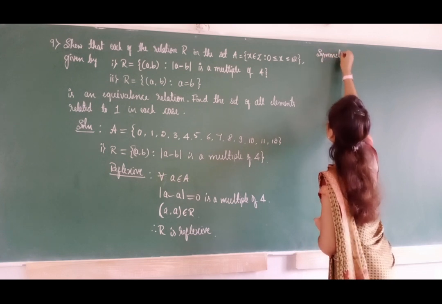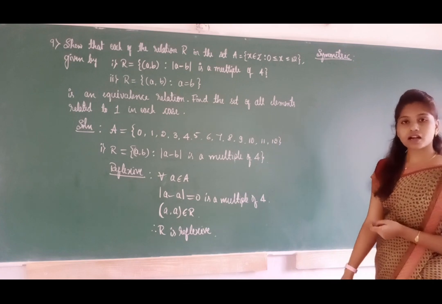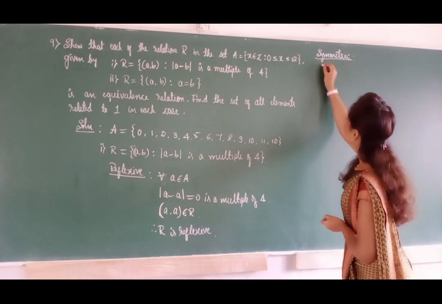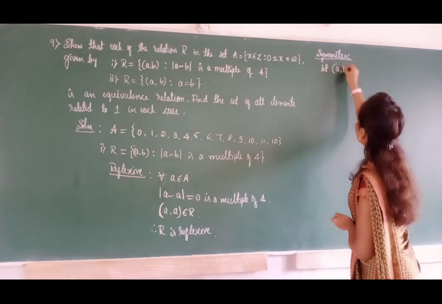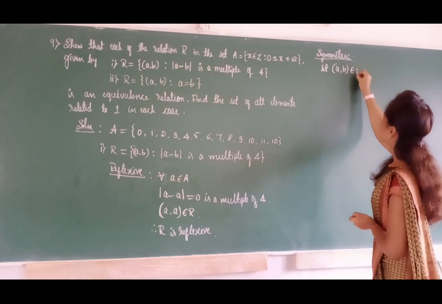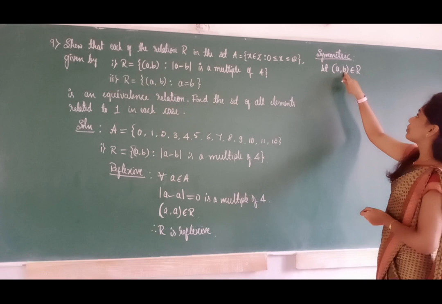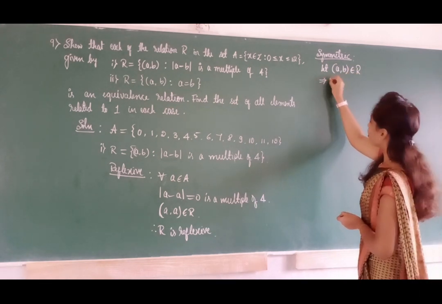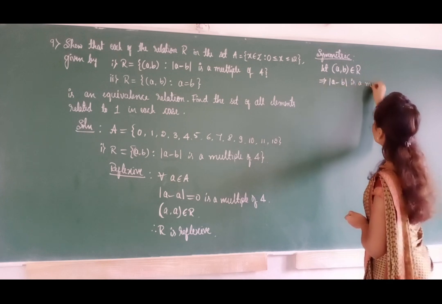What is symmetric? First we have to take ordered pair A, B belongs to relation R. Ordered pair A, B belongs to R means the given condition is modulus of A minus B is a multiple of 4.